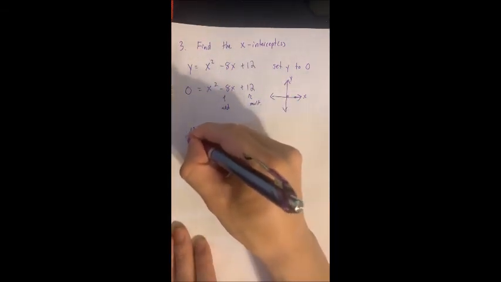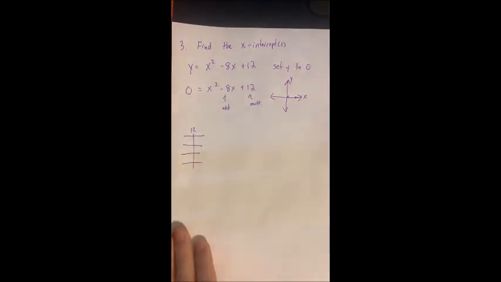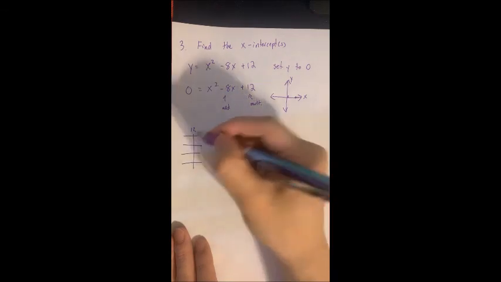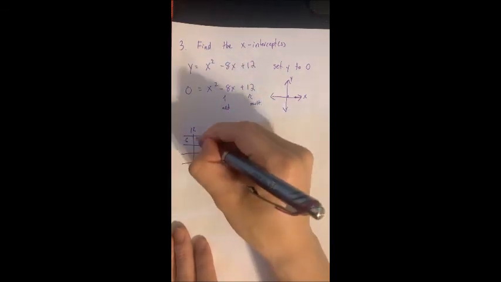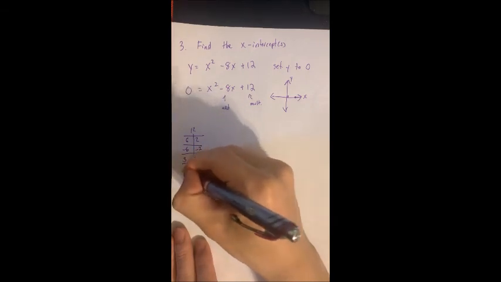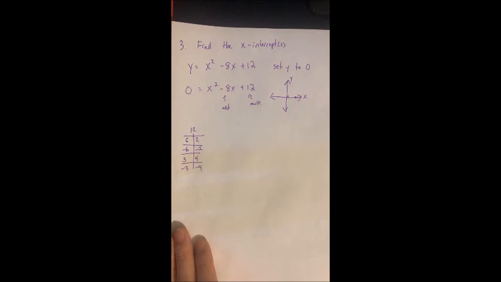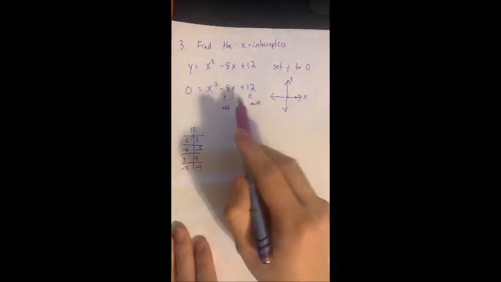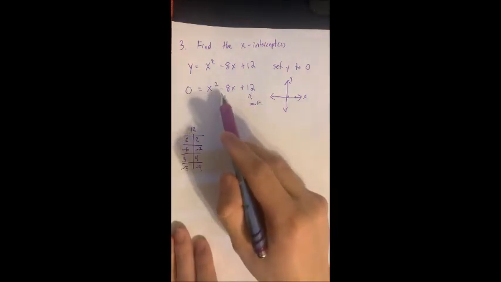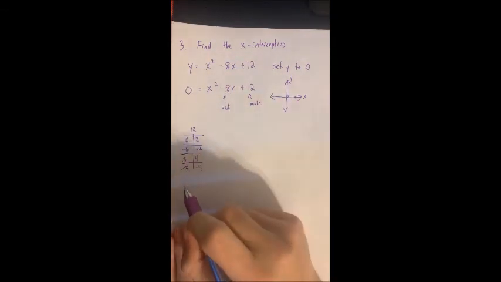So 12. The factors of 12 are 6, 2, negative 6, negative 2, 3, 4, negative 3, negative 4. I can use 12 and 1 too, but I know that's not going to work because 12 plus 1 is not anywhere near negative 8. So let's see which one of these adds up to negative 8.